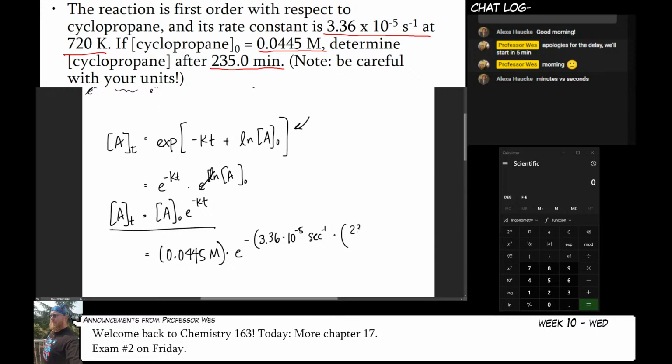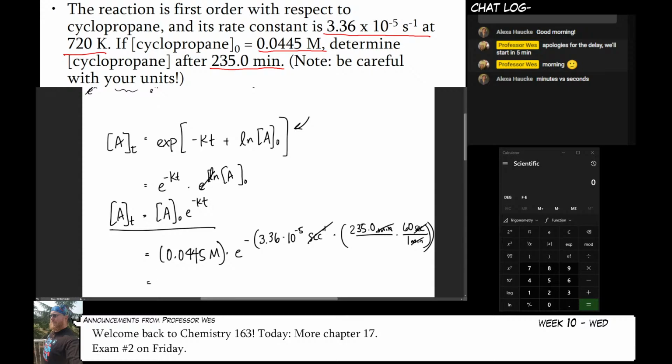And obviously, I can't just do this because these units won't cancel out, right? So I got to do something like this. So now everything will cancel out. So I've got seconds and per second.